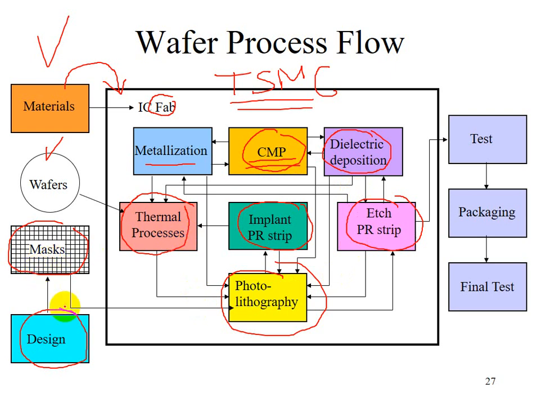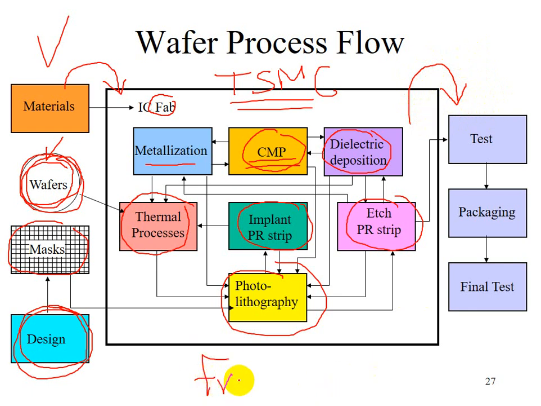Put all those designs onto the wafer to finish the IC fabrication process, and then the product is sent to the so-called back end. Over here we call this the front end process, and this is the back end.